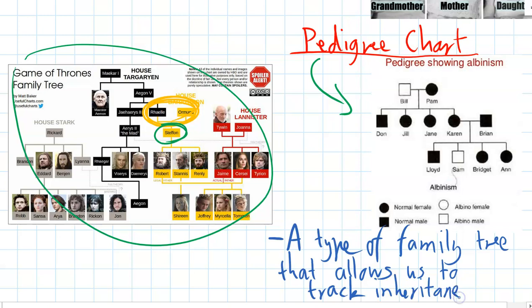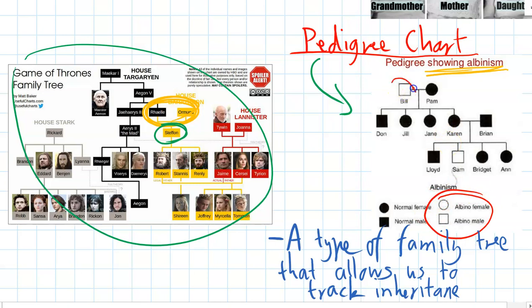So on this pedigree, this is following the trait of albinism in a family. So the genetic condition of being albino is caused by one gene, and you can see here that the albino individuals are the white shaded people.